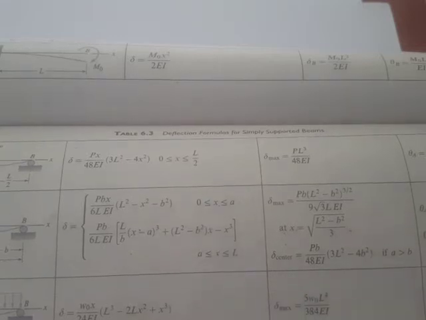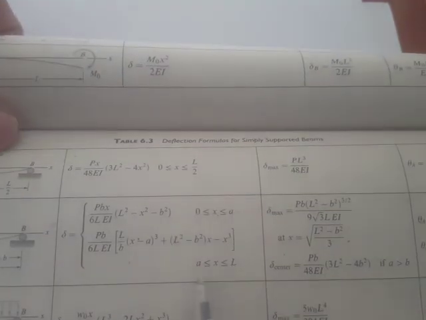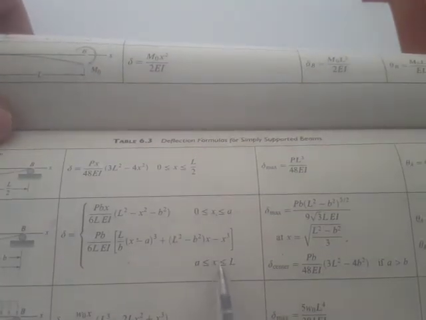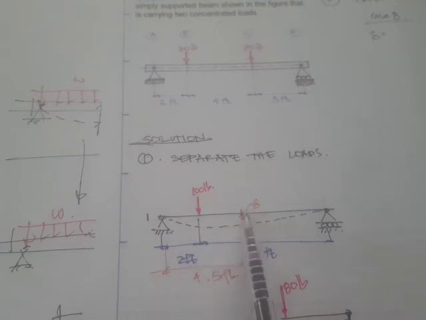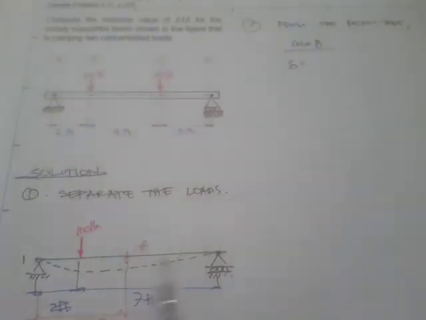Okay, and the deflection is, since we have these two conditions right here, we will use this condition because the point x that we want to solve is greater than a. Here's our a, and here's our b. So it's greater than a, and therefore we will use this expression.